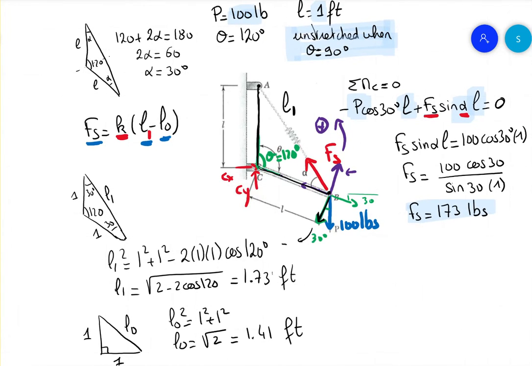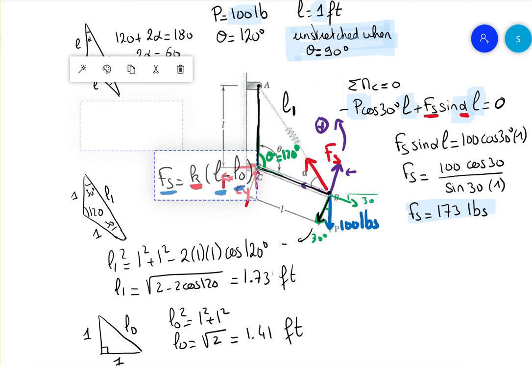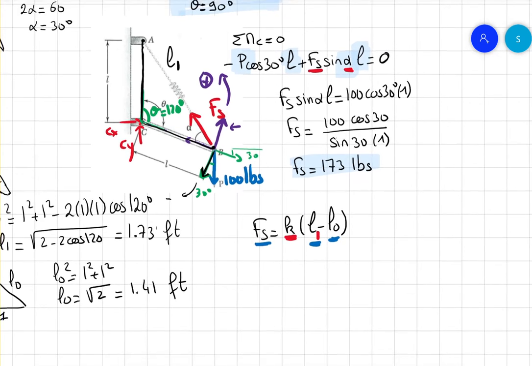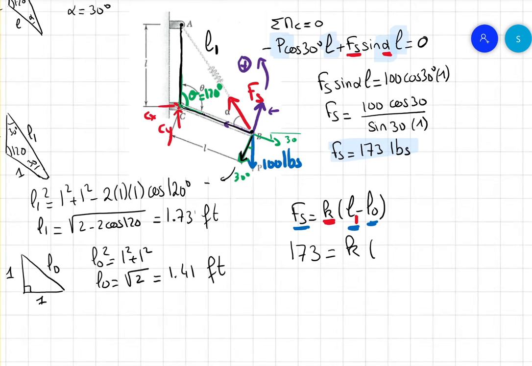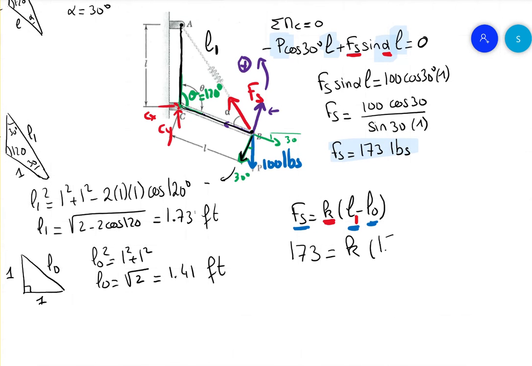So let's take this equation and let's use it there. I have a little bit more space. Okay, so we have the force of the spring, 173. It's equal to K, the unknown, times L1, 1.73, minus L naught, 1.41.